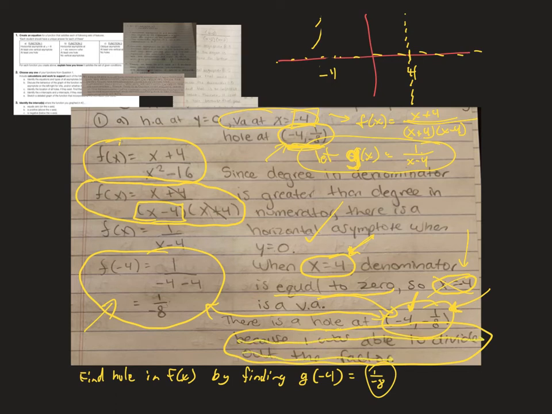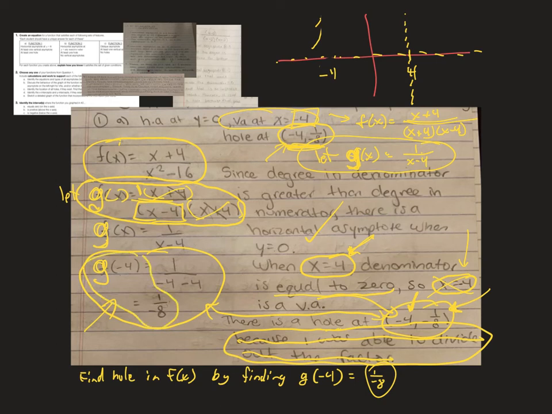What you're able to do is let g of x equal this new equation with the factor divided out. There you go. And now g of x does equal this, and g of negative 4 does equal that. Therefore, the hole in f of x is that. But don't say there's a hole at g of x, because there's no hole at g of x.